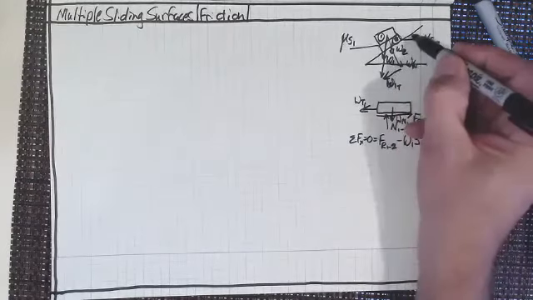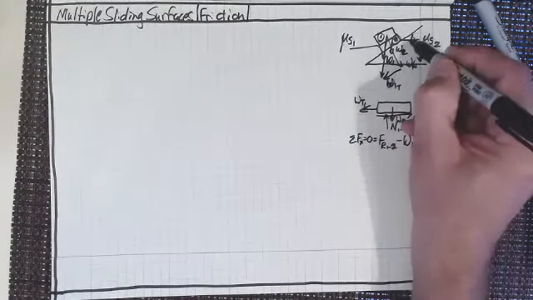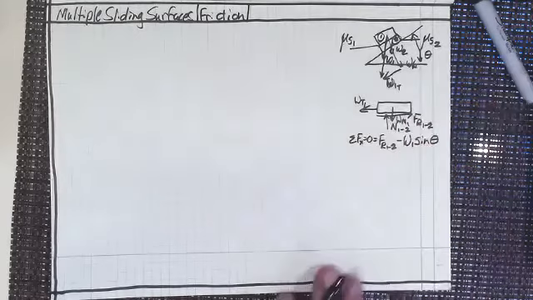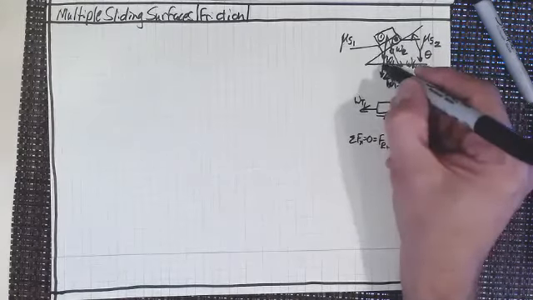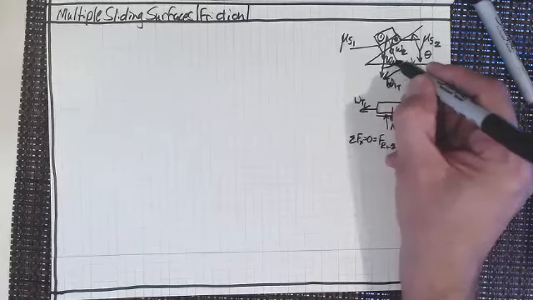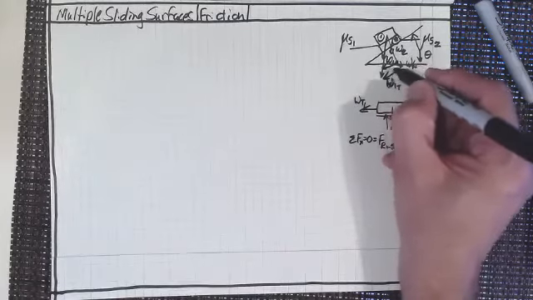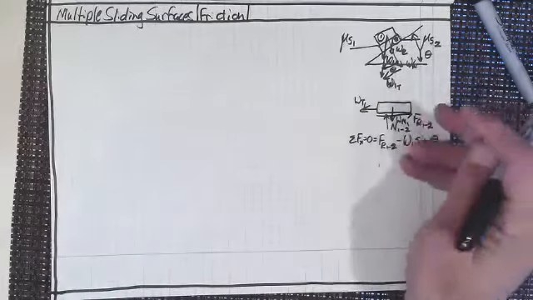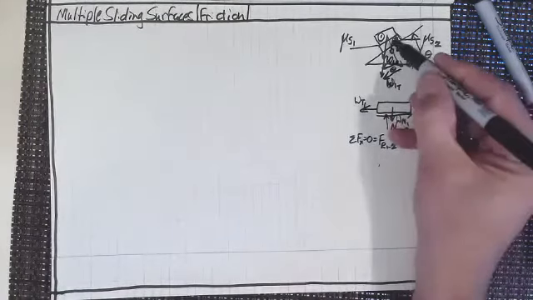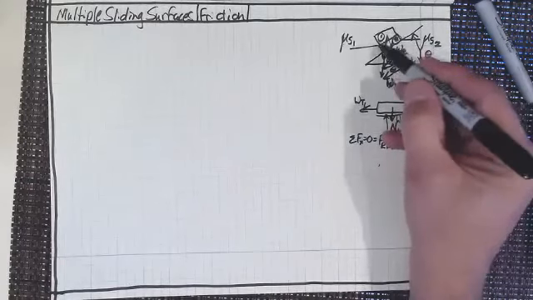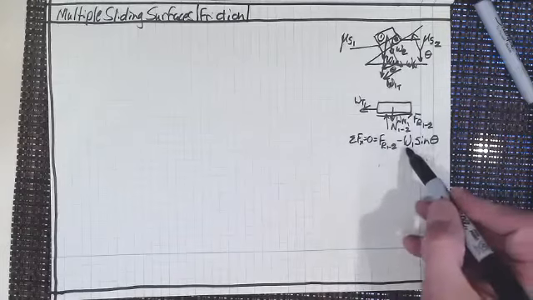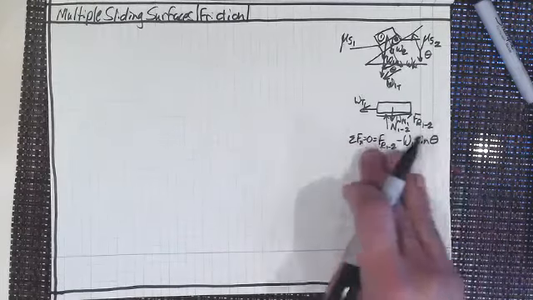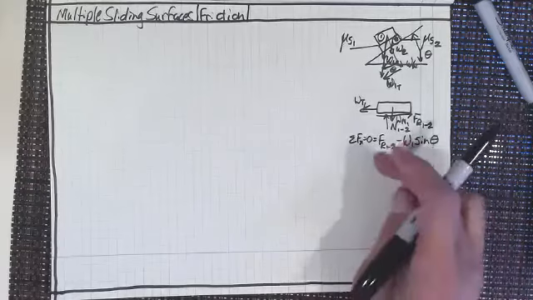Of course, this angle here is theta, isn't it? And this angle right here is theta too. So both of those are theta. And so we know that W sub T1 is going to be W1 times sine theta.